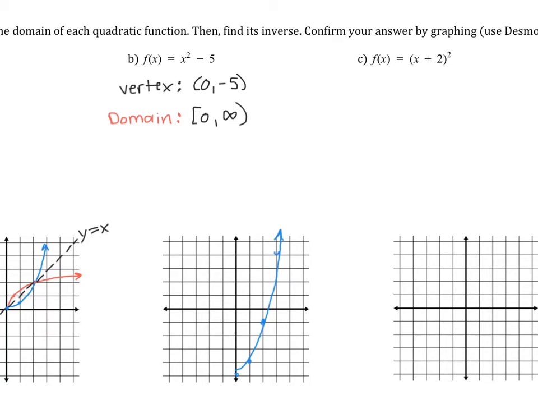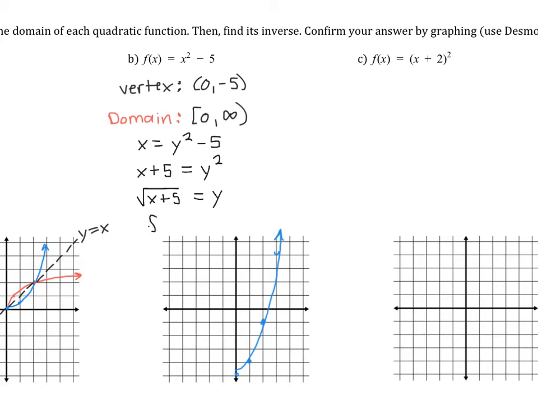And now we can go through the process of finding our inverse. So again, we're going to swap x and y. So we got x equals y squared minus 5, and now we solve for y. So we add 5 to each side, and then we are going to take the square root of both sides. So the square root of the entire thing, x plus 5, equals y.